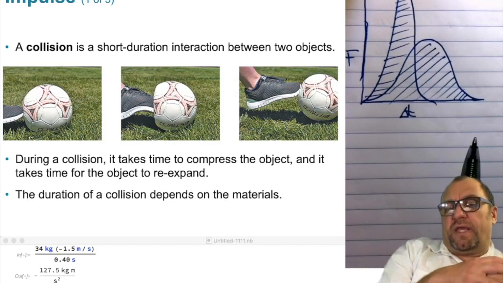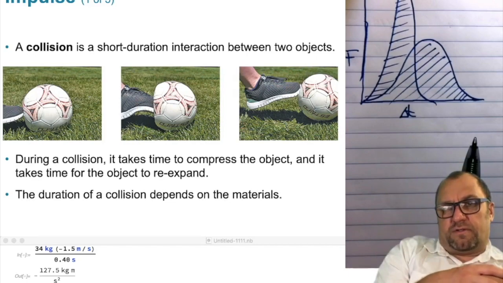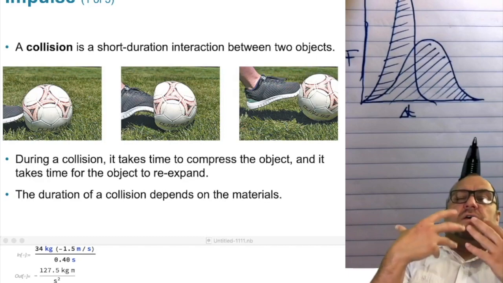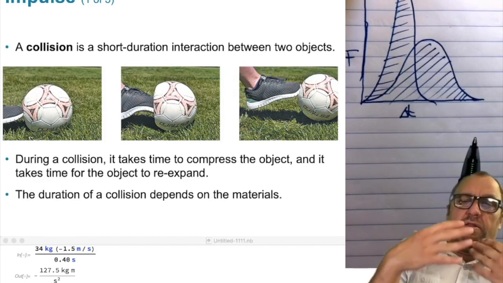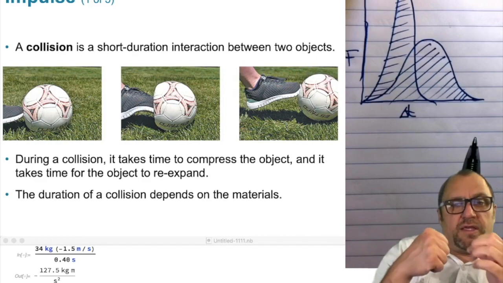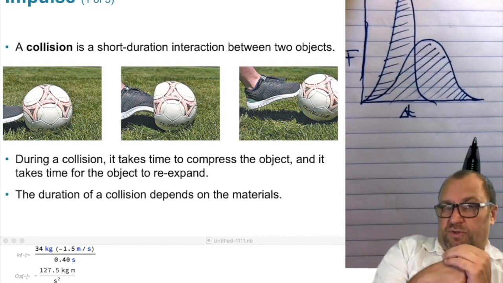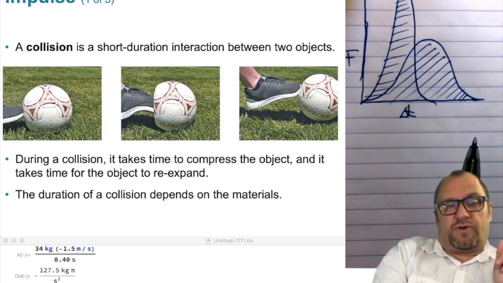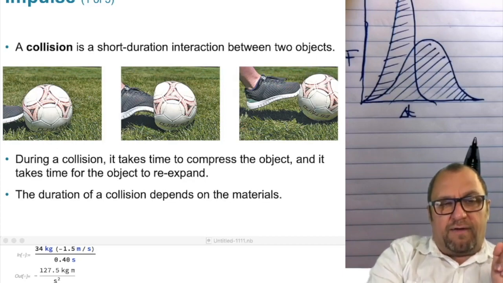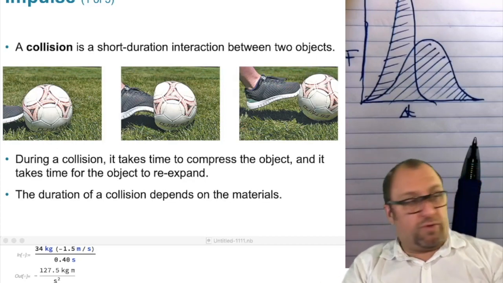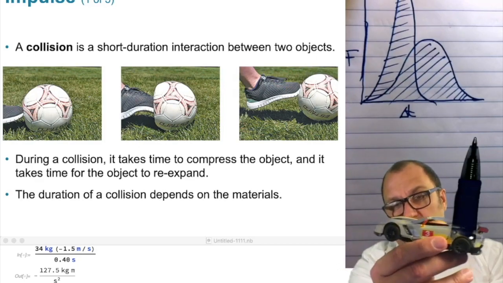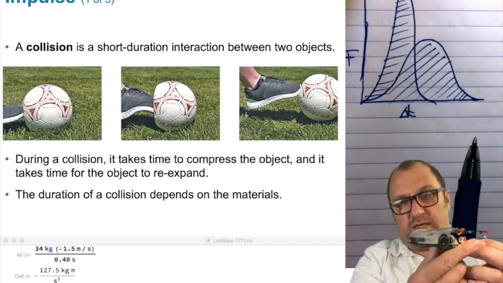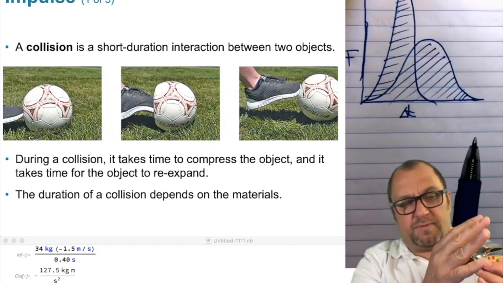And that duration depends on the materials. For squishy materials, they're in contact longer, so the collision is going to be longer. For harder materials, the interaction can be much shorter, which is why when you crash, you would rather have squishy foam on your dashboard instead of hard metal. Because remember, when a car crashes, there's the collision with whatever the obstacle is.